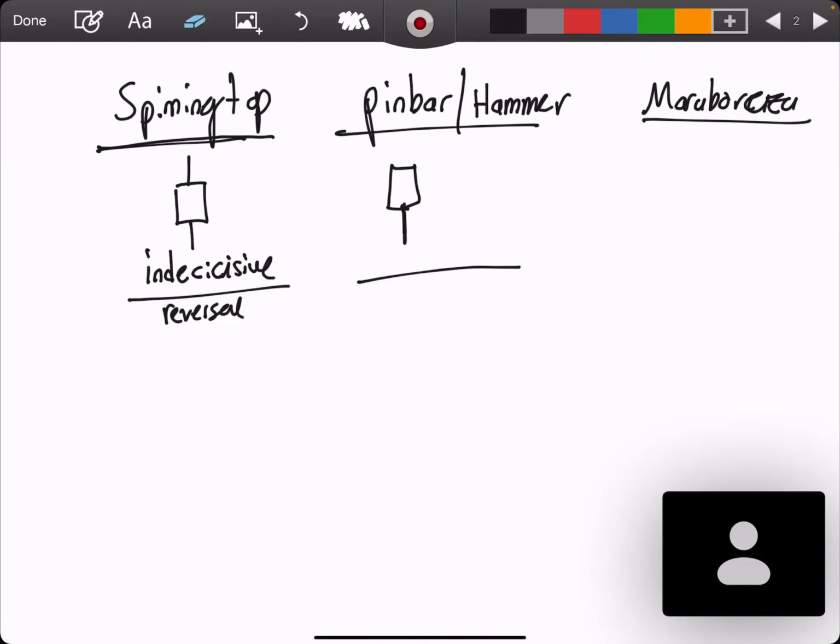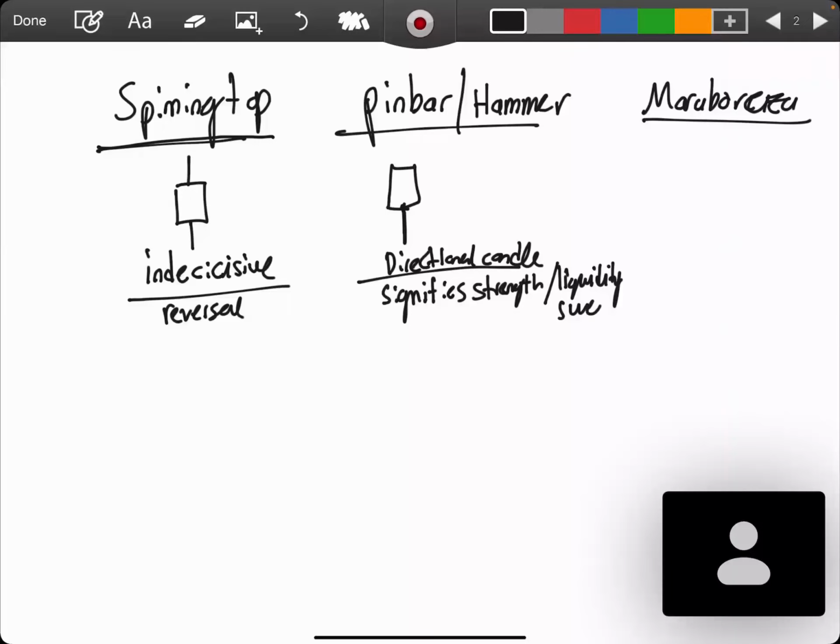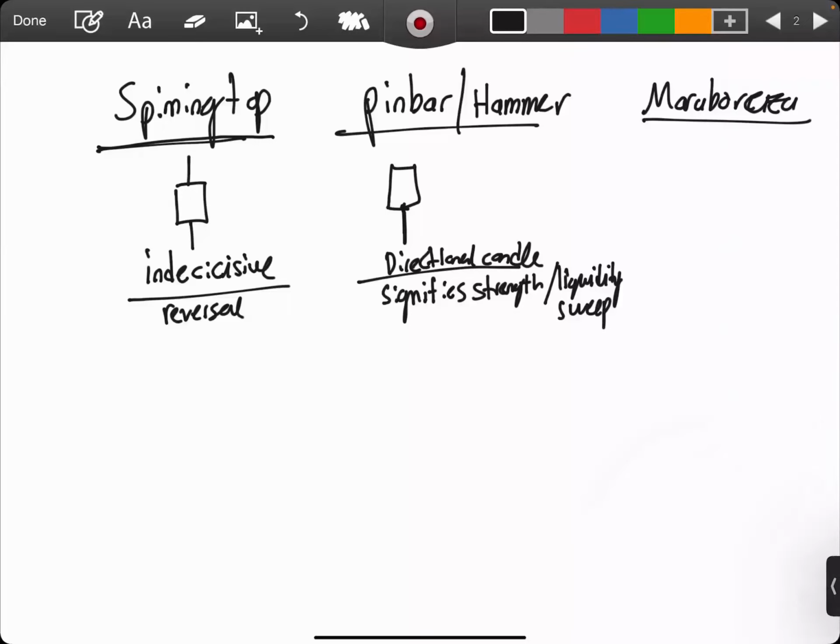But nonetheless, this is going to be our directional candle. It signifies strength or a liquidity sweep, and we'll get into that once we break down the anatomy of these candles next.